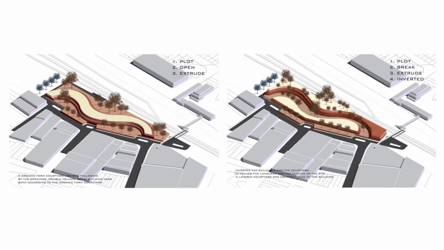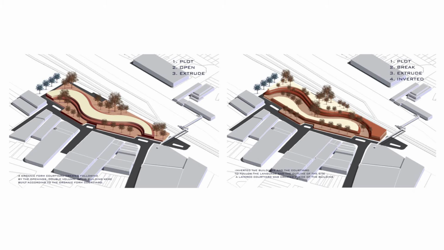Next, 3 organic form courtyards are created following the opening. The solid building is built following the outline of the courtyard, and it becomes a form like this, and then I double up the volume of the building.